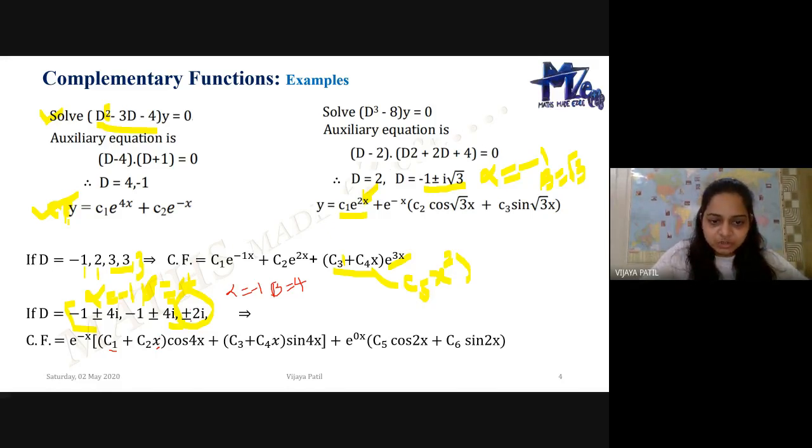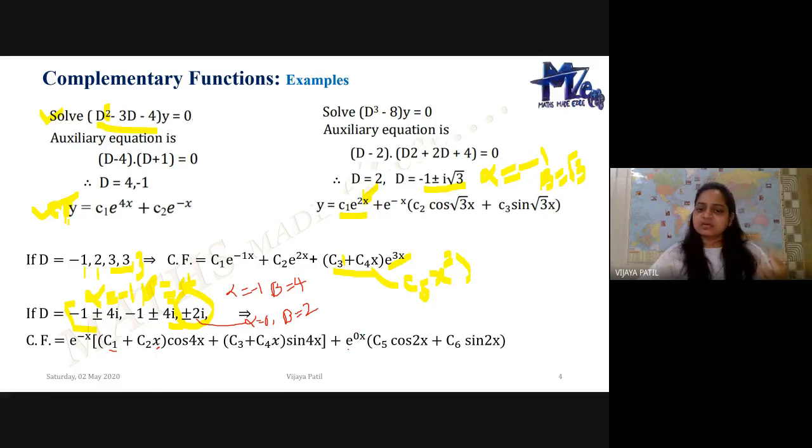And similarly, this plus or minus 2i, if you observe here, what is alpha? Alpha is equal to 0 here, and beta is 2. If alpha is 0, beta is 2. If you observe this, this is e to the power 0x.